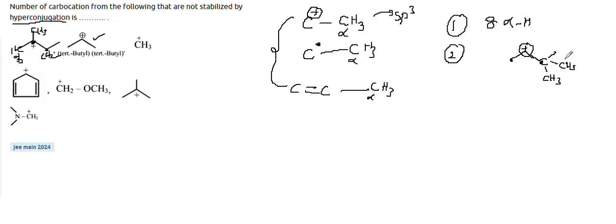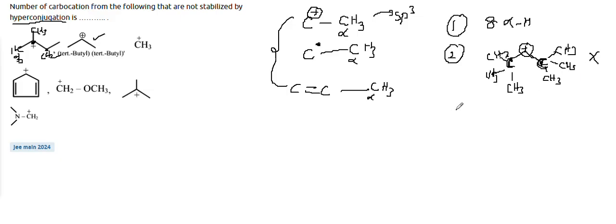Here also the same thing: carbon, tertiary group, CH3, CH3, here also CH3. This carbocation contains 2 alpha carbons, but there are no alpha hydrogens. That's why it does not show hyperconjugation, right?